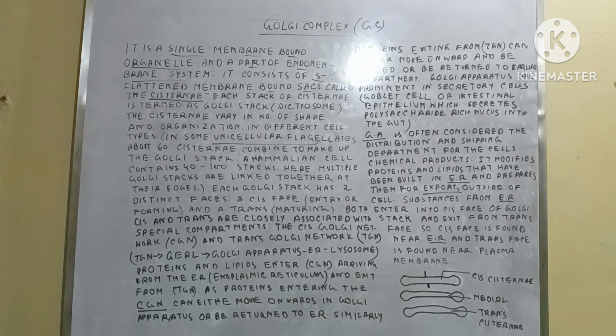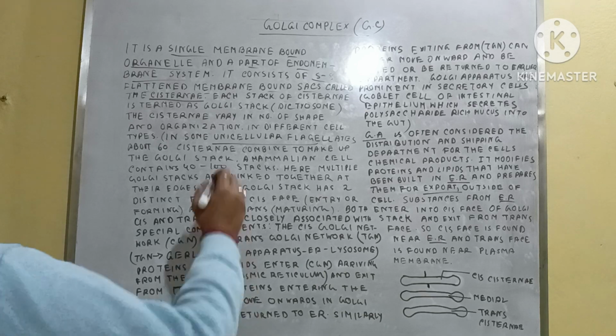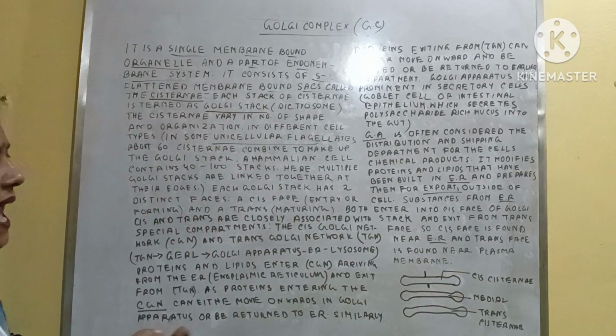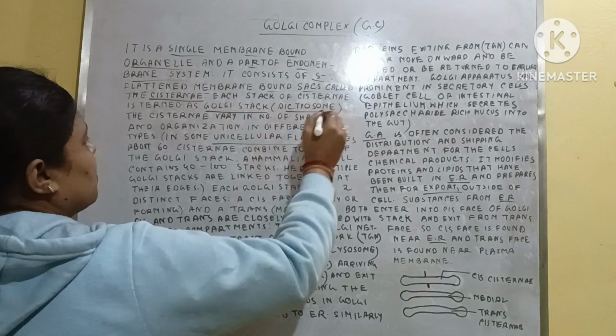Clear? So it consists of 5 to 8 flattened cisternae, and each stack of the cisternae is termed a Golgi stack, or you can say the dictyosome.